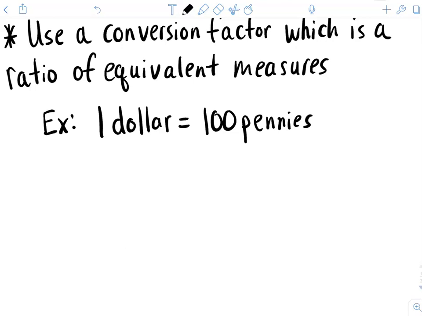They are both going to be $1, whether it's a dollar bill or 100 pennies or 10 dimes or whatever. If we have 60 minutes, 60 minutes is also going to be equivalent to 1 hour. They're measuring the same thing, they're just using different units.